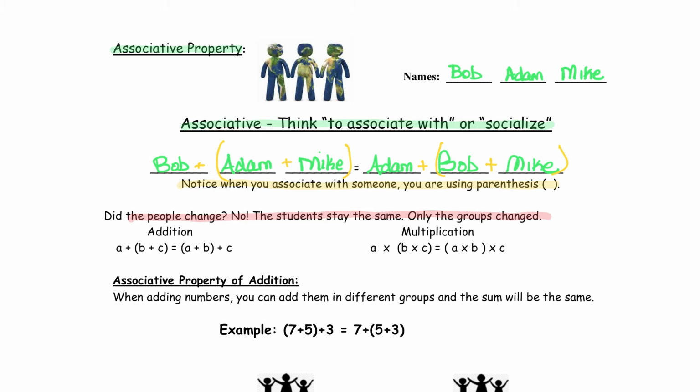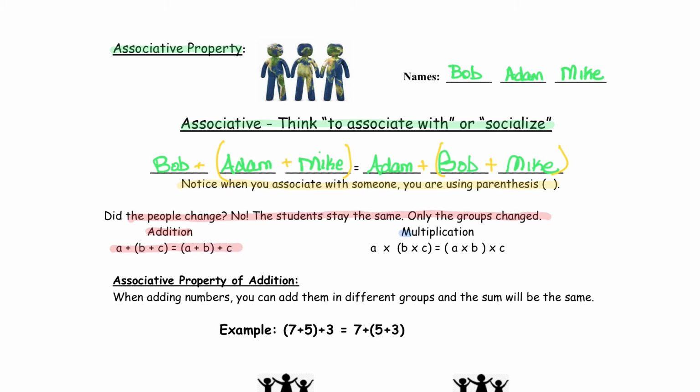So for example, if we're going to put that now in terms of math, with addition, sometimes when we use algebra, and algebra is when we use the variables, we would have the associative property of addition look like this. (A + B) + C = A + (B + C).